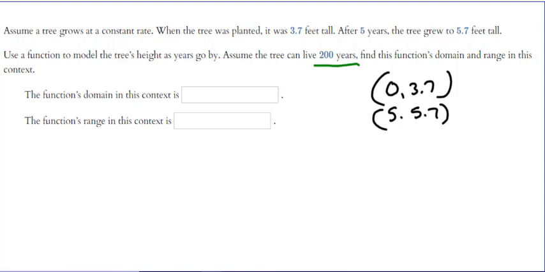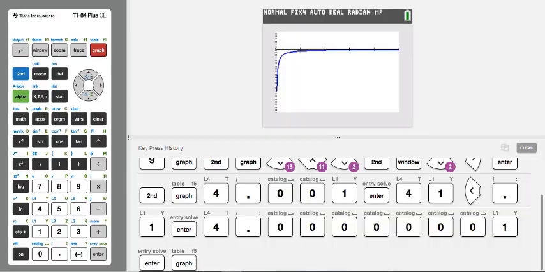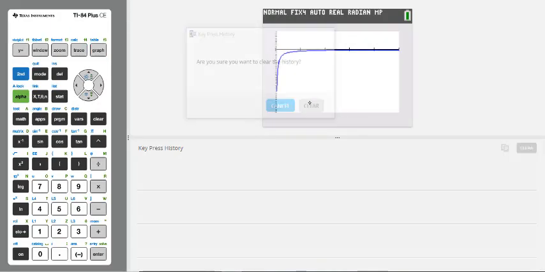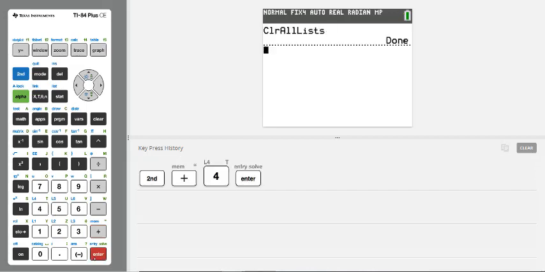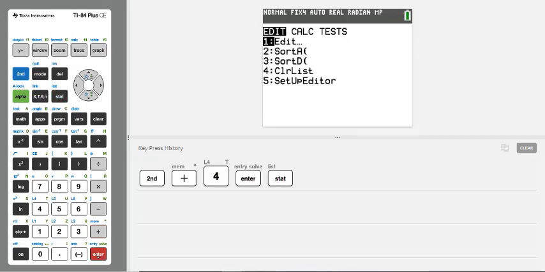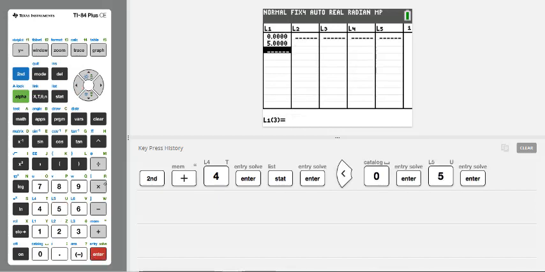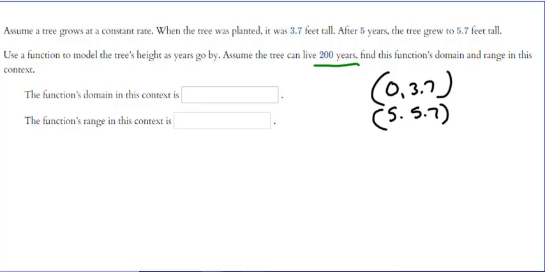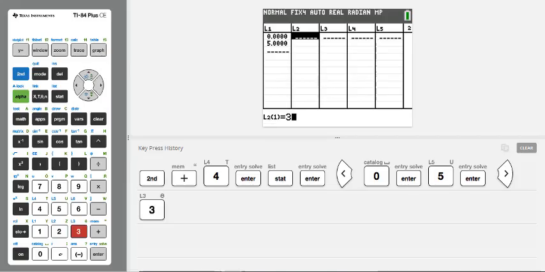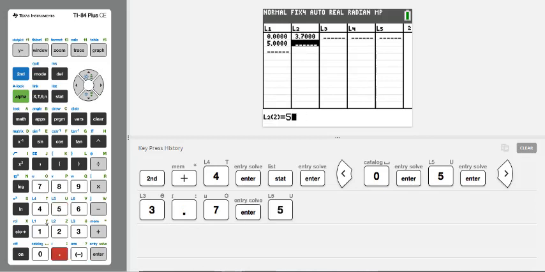What we'll do is we'll just do a linear regression off this real quick. So clear this. Second, plus, 4, enter. Then go stat, edit, 0 and 5. And then, what are our points over here? 3.7 and 5.7.